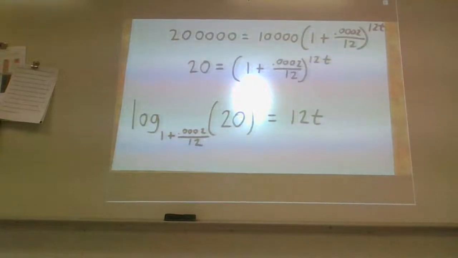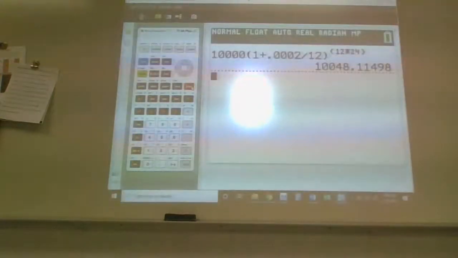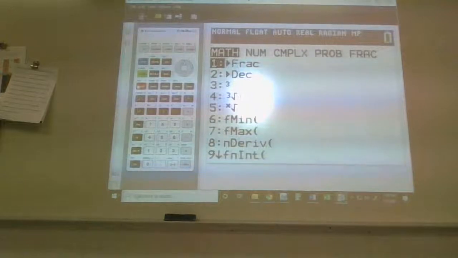What's on the left side of the problem, I'm going to have the calculator do. The calculator is going to do that work for me. But we have to get there. So I'm going to go to my calculator. I'm going to hit math.